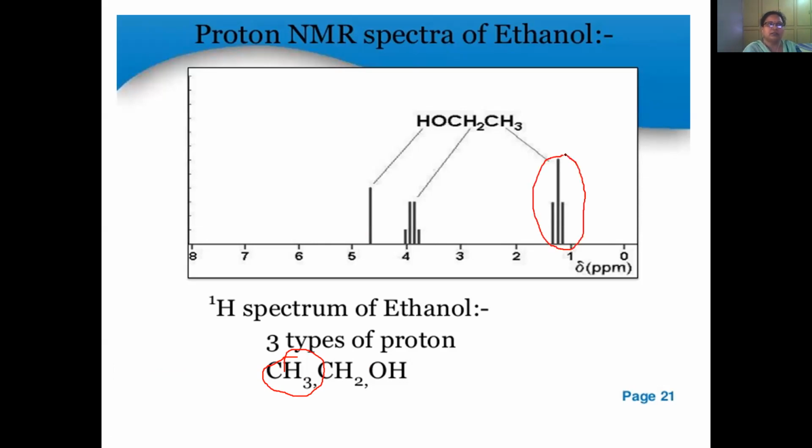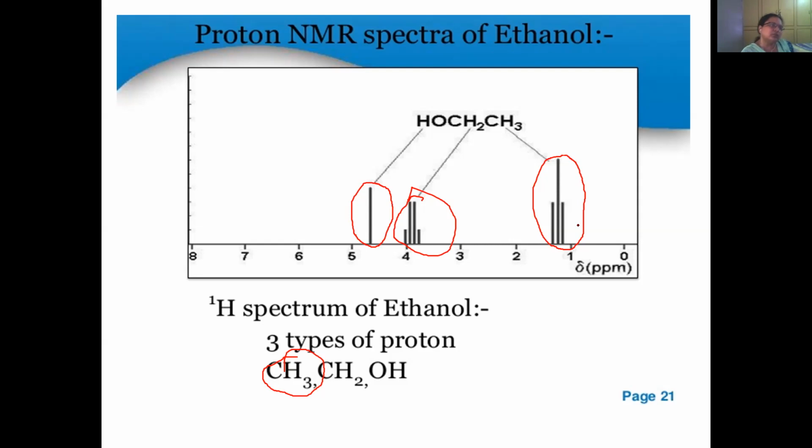Then comes CH2, and then this is the OH. Because it is de-shielded, it comes on the left hand side.